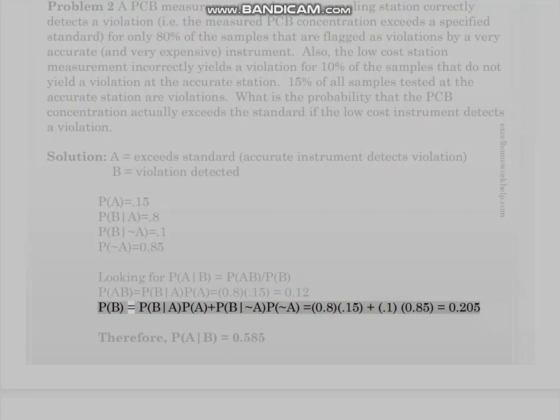P(B) equals P(B|A) P(A) plus P(B|not A) P(not A) equals 0.8 times 0.15 plus 0.1 times 0.85 equals 0.205. Therefore, P(A|B) equals 0.585.